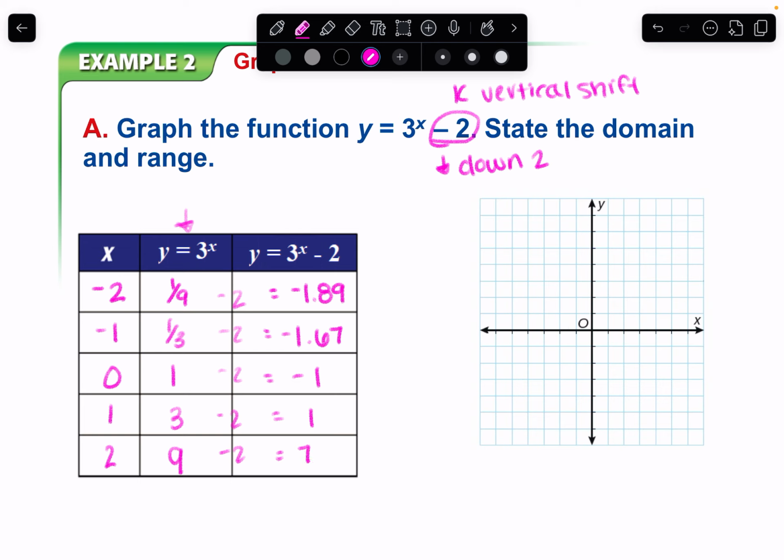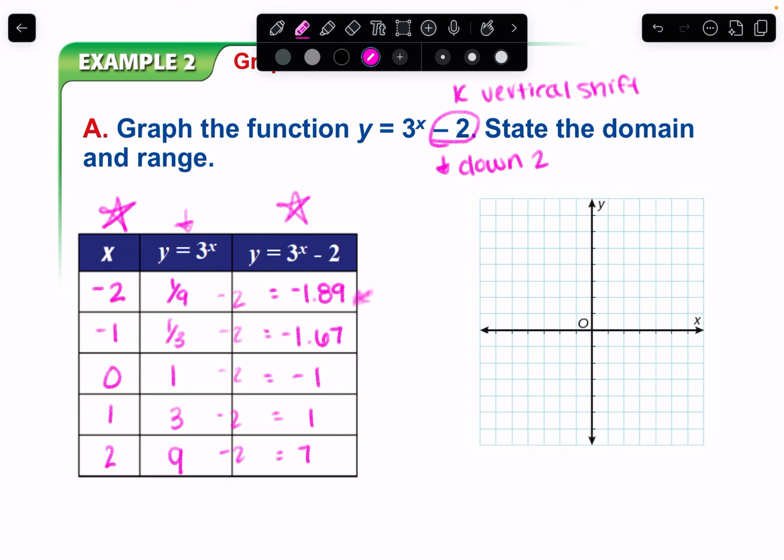So the ordered pairs that I'm graphing are this first column and then the last column. So I'm graphing -2, -1.89. So again, you will notice these numbers. So the down 2, this is going to get as close to -2 as it possibly can without actually going over -2, because that's my asymptote and that's where it's never going to cross.